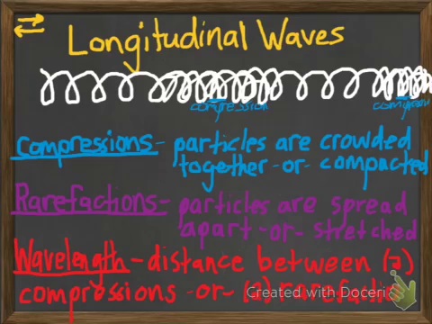Like for the transverse waves, where we saw multiple crests and troughs in this section of the wave, for longitudinal waves we also see multiple compressions and then rarefactions. They're very similar: crests and compressions, troughs and rarefactions. The rarefactions are the portions of the wave where the particles are spread apart.